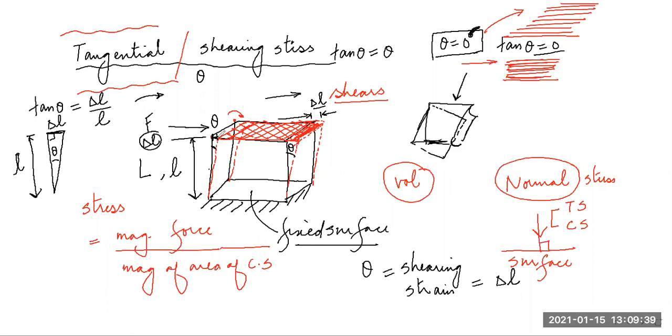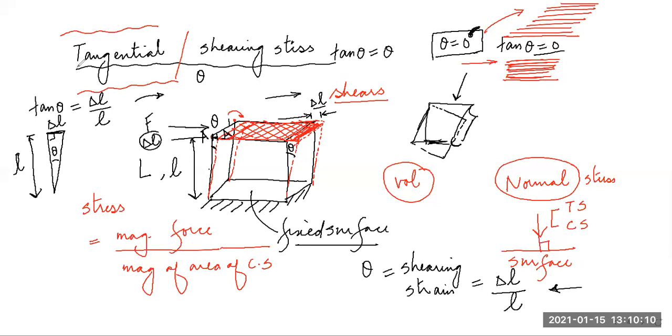Delta L is exactly this surface, this point A. If this point is A, it moved to A dash under the effect of shearing force. So this A dash distance is delta L. Delta L divided by L is the shearing strain. As stated before, it also has no unit.